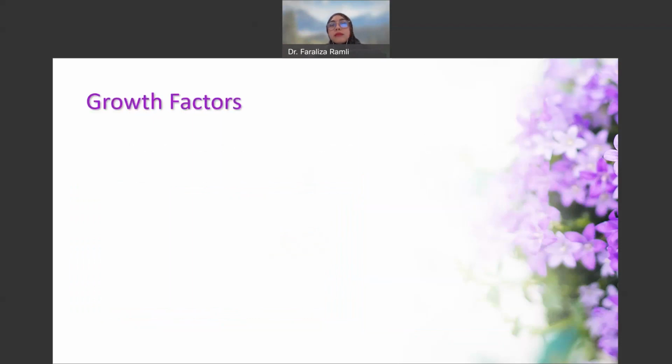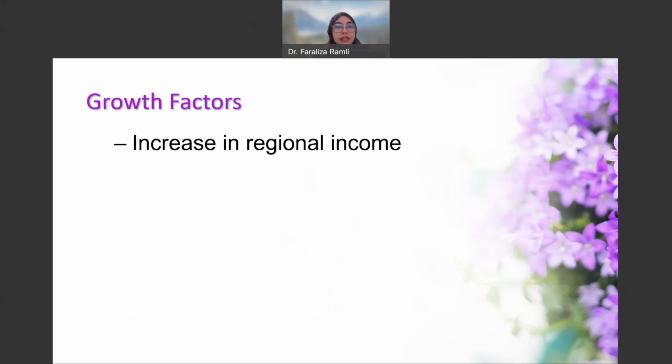Second growth factor: increase in regional income. Actually, there are three main factors that drive economic growth. First, accumulation of capital stock.